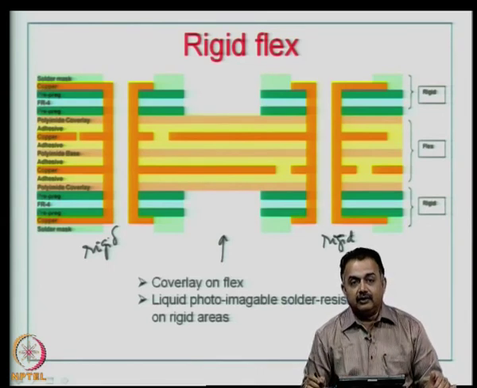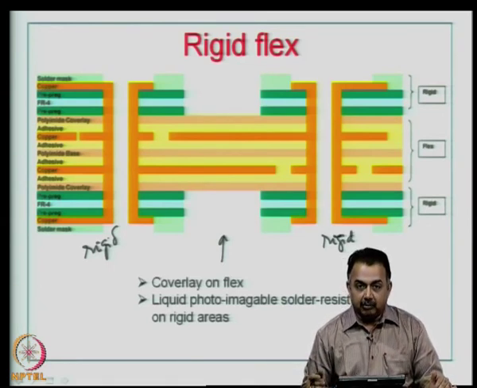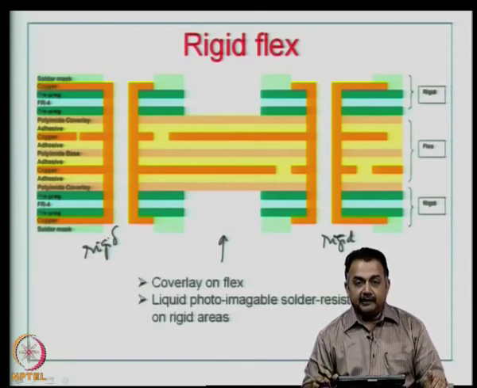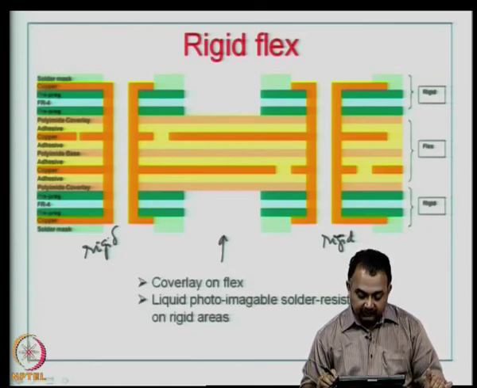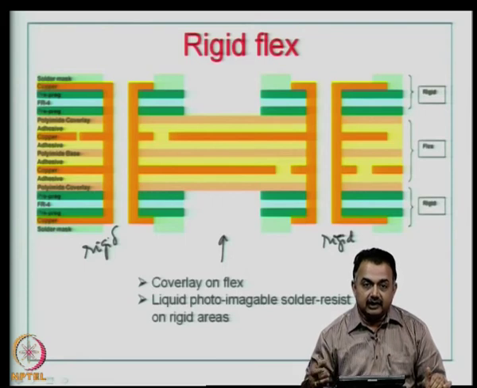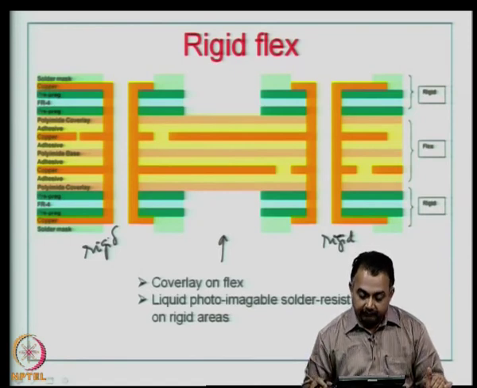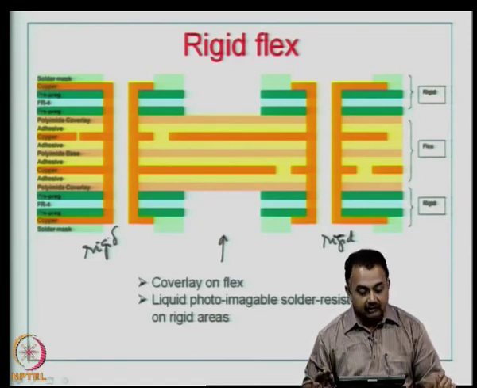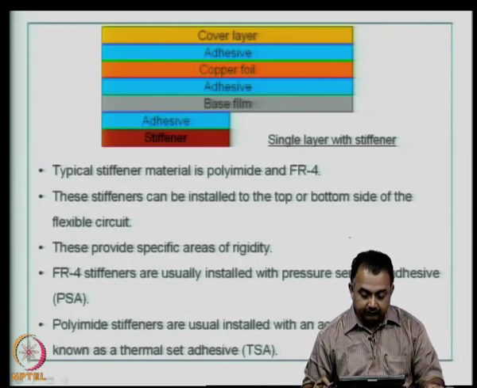Based on your number of components, obviously it is a low component density process, the flex process, but based on the requirement of which areas need to be stiffened with a stiffener and mechanically drilled through holes created, you can design a rigid flex board.